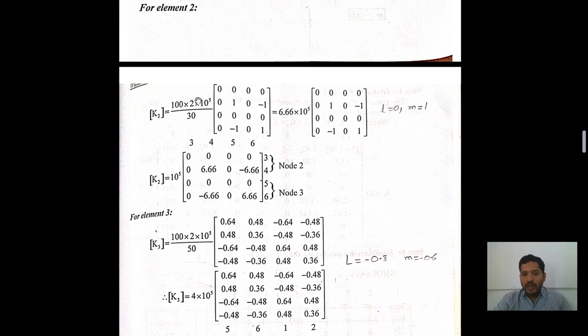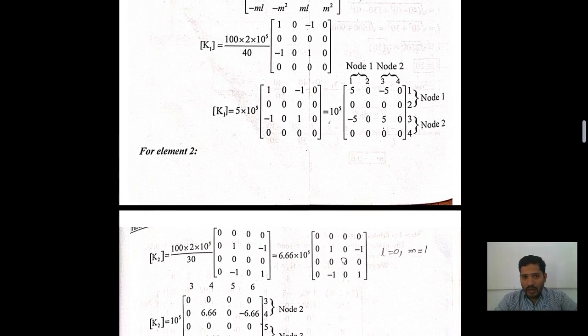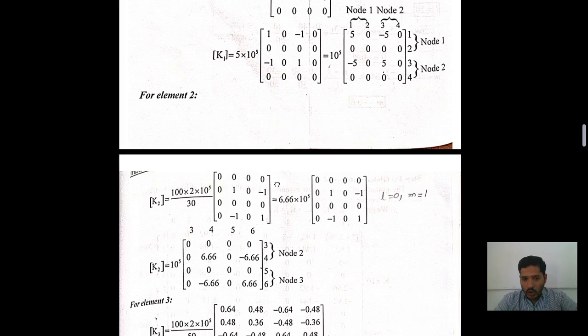After that, if you divide this whole value, then you will get 6.66 into 10 power of 5. It will appear like this. Clear? After that, if you substitute L equal to 0, M equal to 1 in this formula, then you will get this value. Clear? After getting this value, we need to multiply by 6.6 into 1 like this.